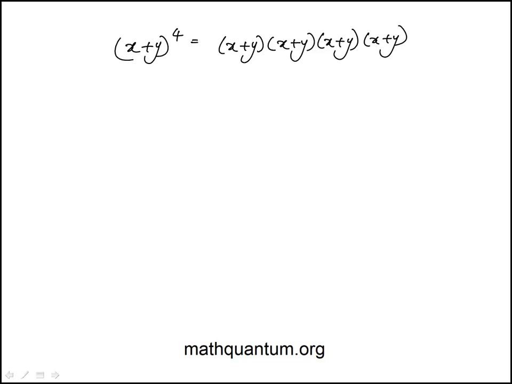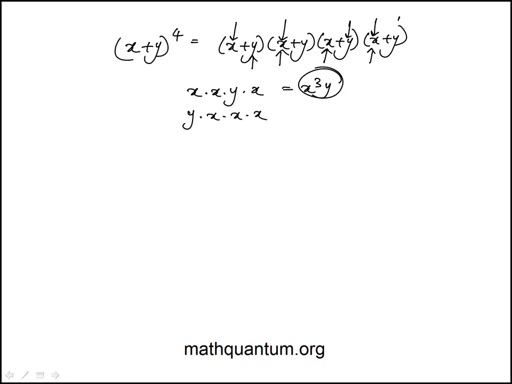So here, if I select x here, a y here, and x here, we're going to get this term, which is the same as x cubed y. But now we can get this x cubed y also if we were to select a y here and x here, and x here.